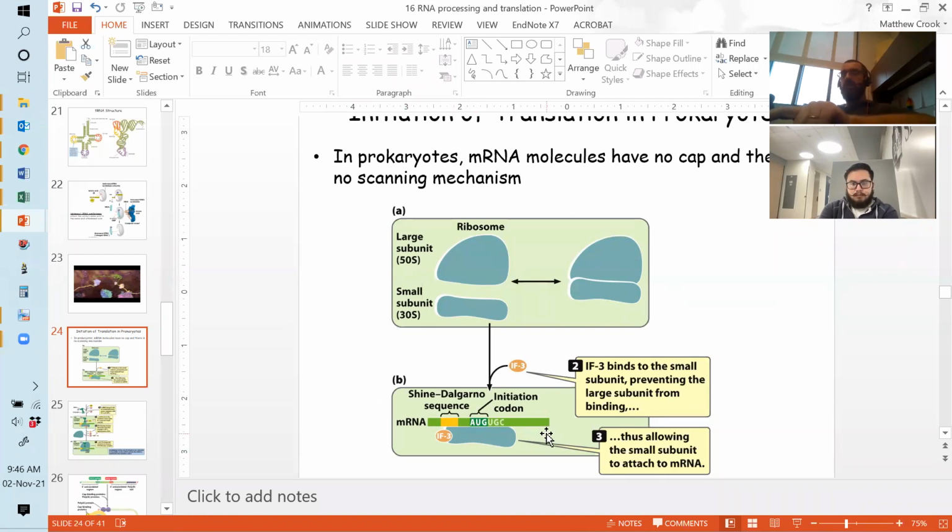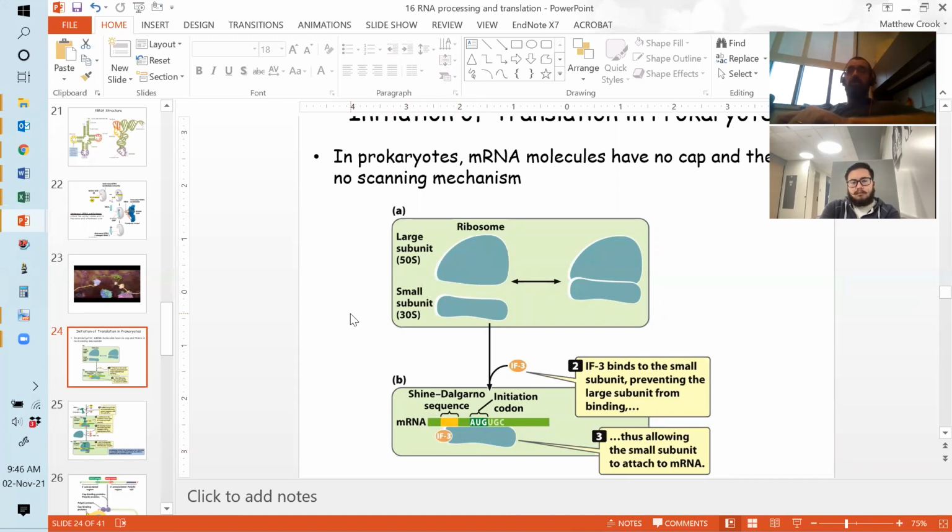But as soon as that appears, the small subunit can bind to it, right? And it does so using this sequence called a Shine-Dalgarno sequence. This is like a recognition sequence for the small subunit and this initiation factor. This initiation factor also stops the large subunit from glomming onto it, pardon me, until everything is in place.